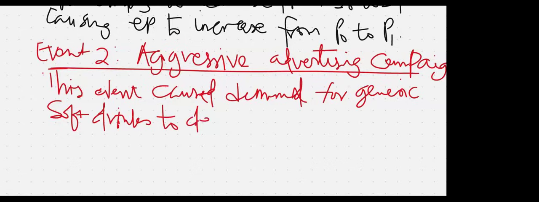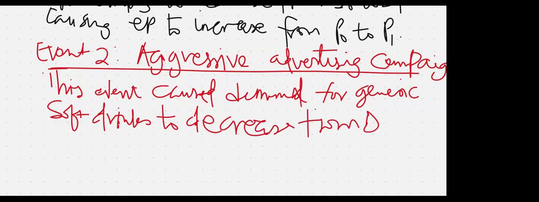To decrease from D0 to D1, causing or changing the equilibrium, right?